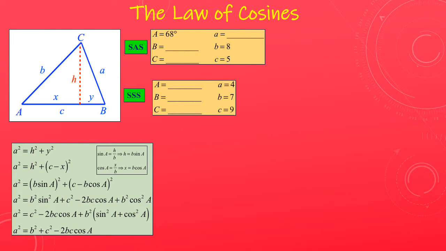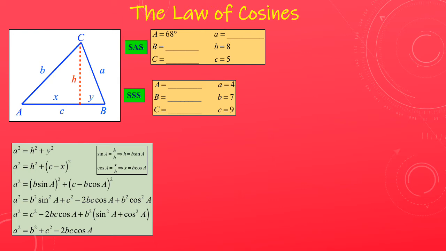We expand the right-hand side and get a squared is equal to b squared sine squared of A plus c squared minus 2bc cosine of A plus b squared cosine squared of A.